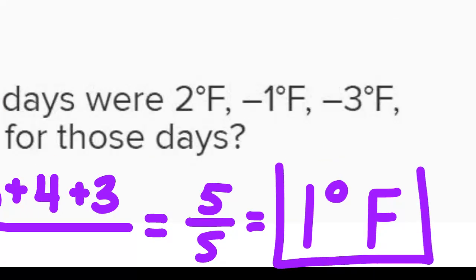Our denominator is 5. Can we simplify 5 over 5 at all? What does that simplify to? 1. And then since we're looking at a problem in context, do we need to put units on that 1? What would the units be? Degrees. In this case, it would be degrees Fahrenheit. So that would be my final answer here.